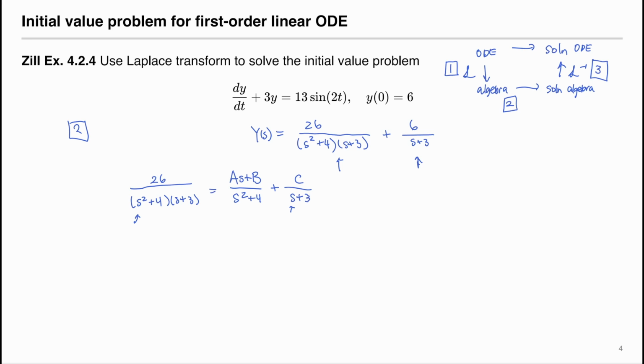And this will be the expression for partial fraction. Now, as before, we multiply top and bottom to get a common denominator.